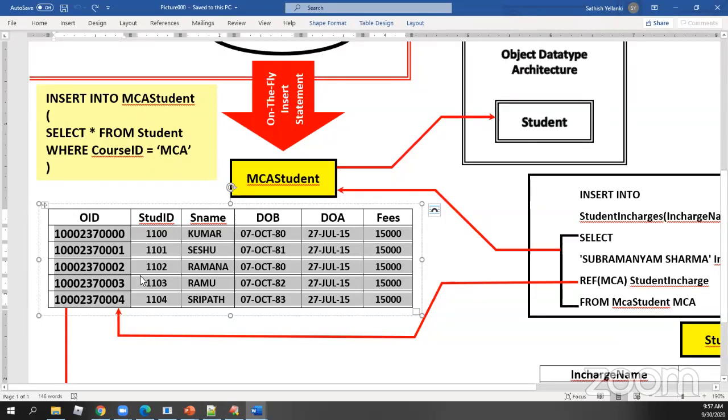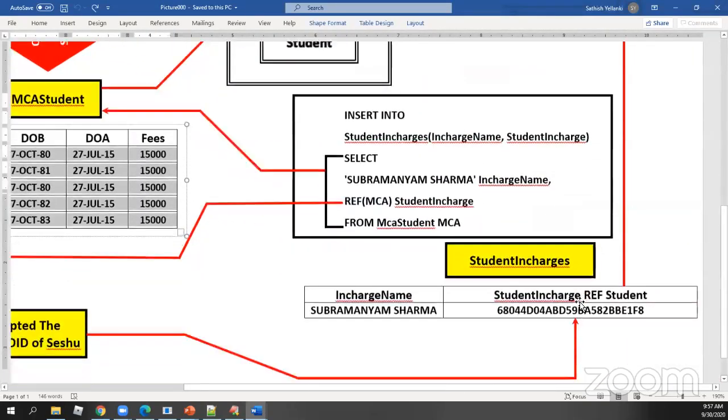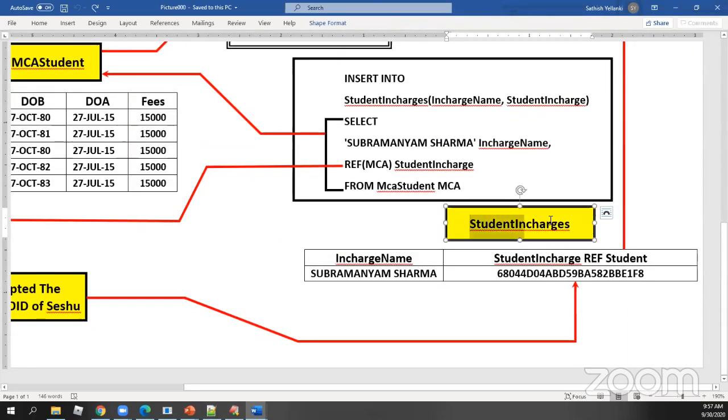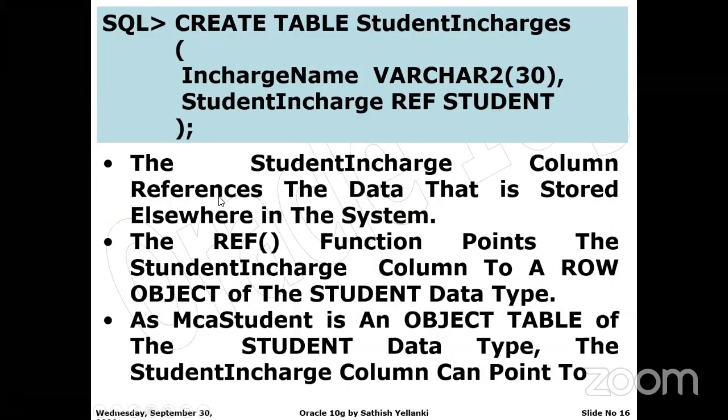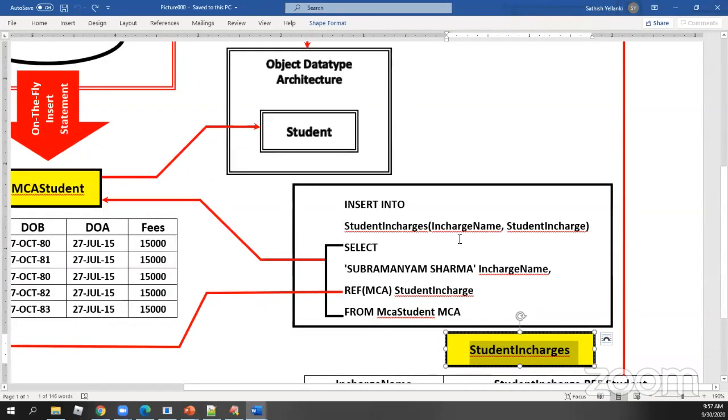So keeping all this in mind, I'm creating one table called student in charges, where one column is in charge name with varchar2 and the other is student in charge, which is a reference to the student type. So now let us go and create this table first of all.